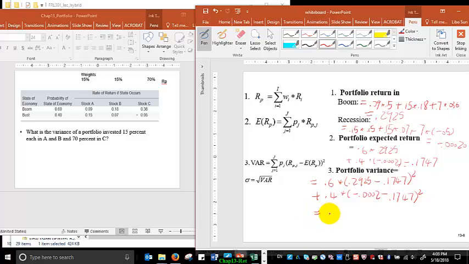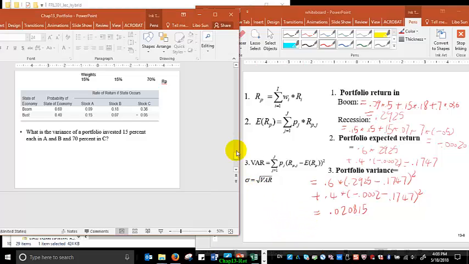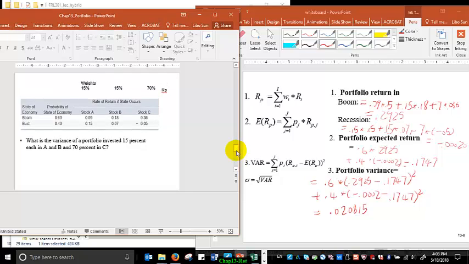So we got the variance 0.20815. So we're done looking for the variance of a portfolio. If the question asks you to solve for standard deviation, all you need to do is take a square root. So this concludes our lecture on performance of single security and portfolio. Thank you.